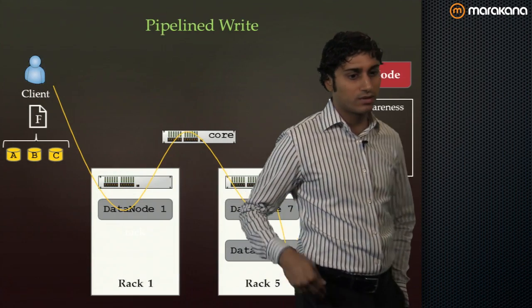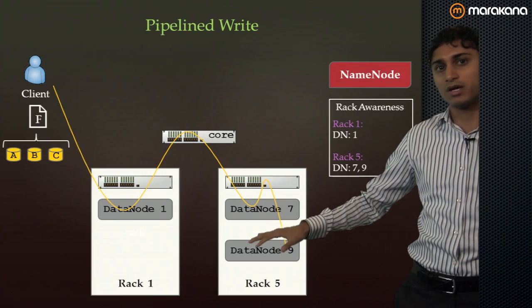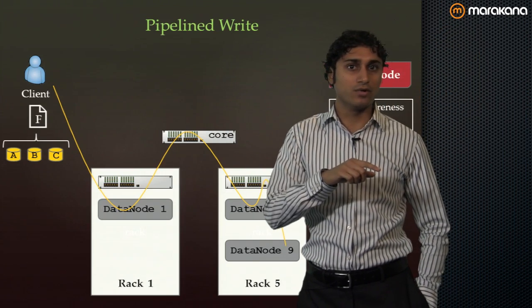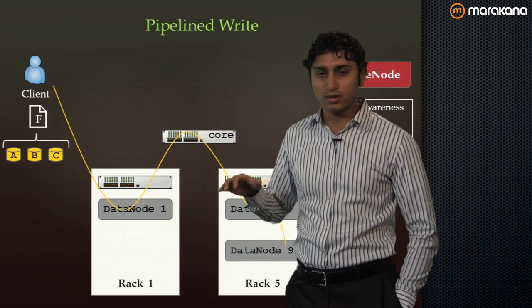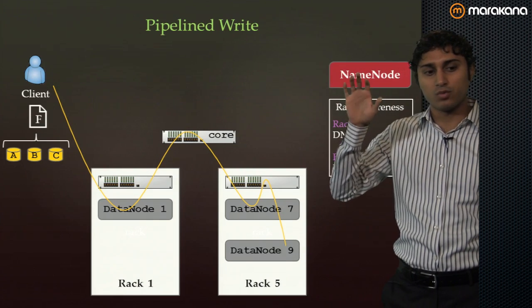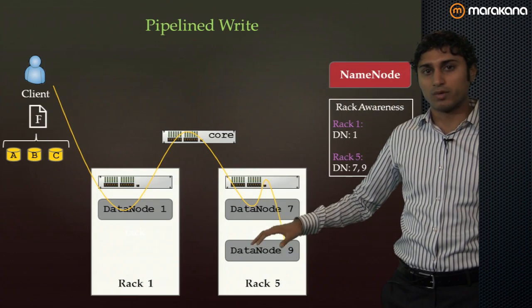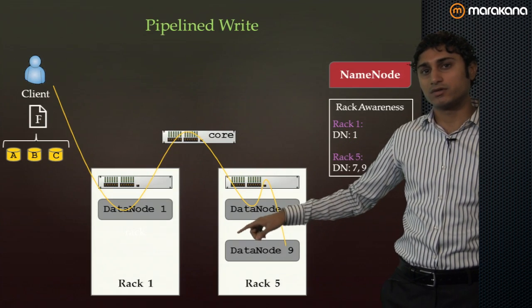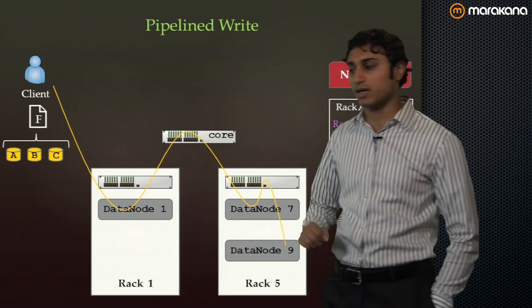You'll notice that when the client starts streaming the block down to the data nodes, it is not having to go through the NameNode anymore. The NameNode is really only used to figure out where in the cluster you will write that block, but after that, the client contacts one of the data nodes directly to start streaming the block in.